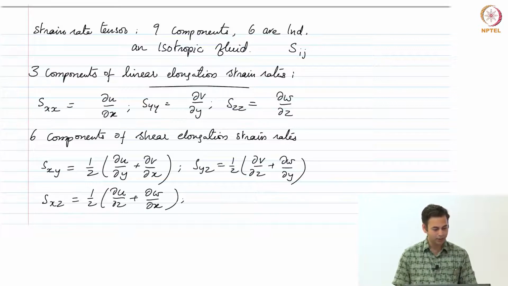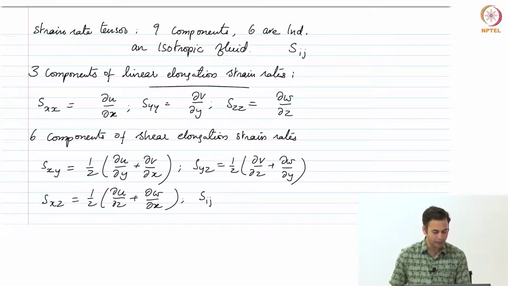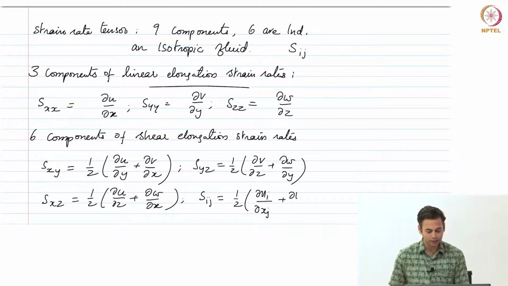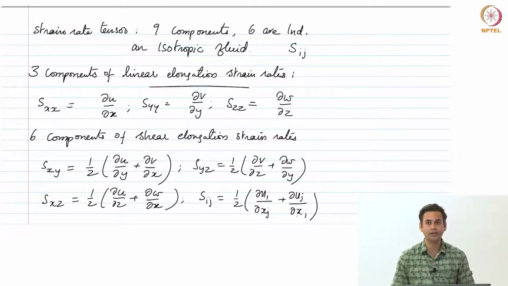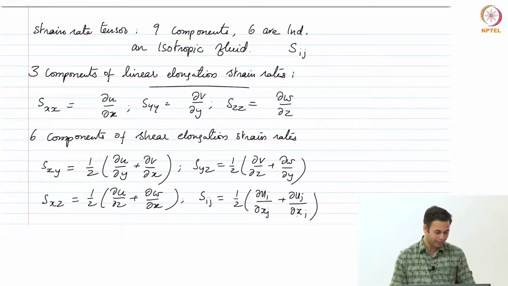Okay, now this looks like we can write in a convenient summation notation a very simple formula that would be nothing but S sub ij equals half of partial u i by partial x j plus partial u j by partial x i. That is all, where we plug in i and j as x, y, z each of them and get these 3 components of the linear deformation rates.